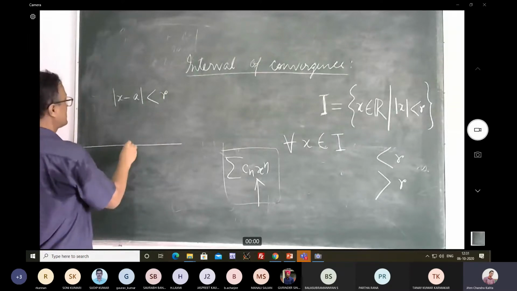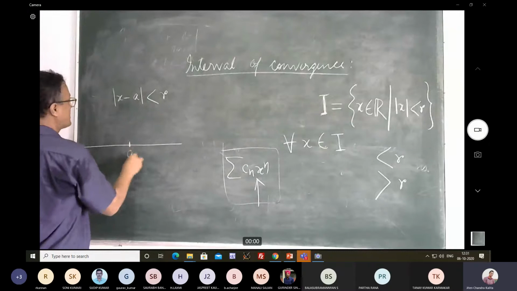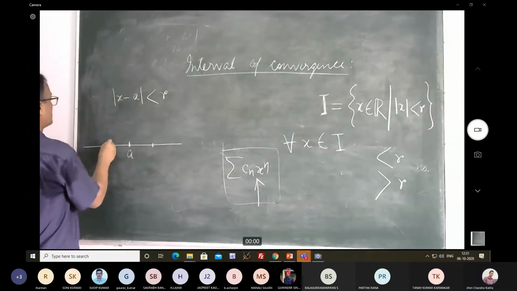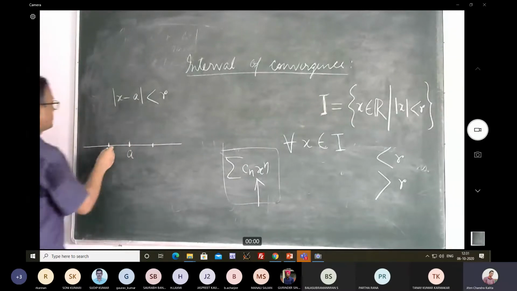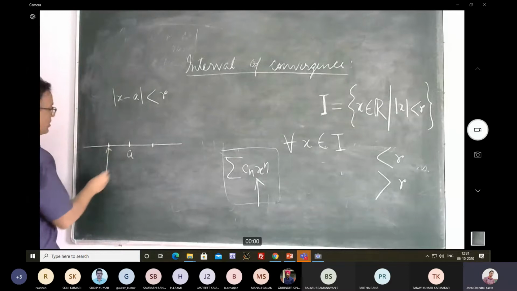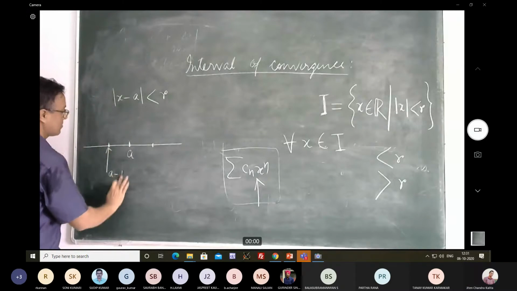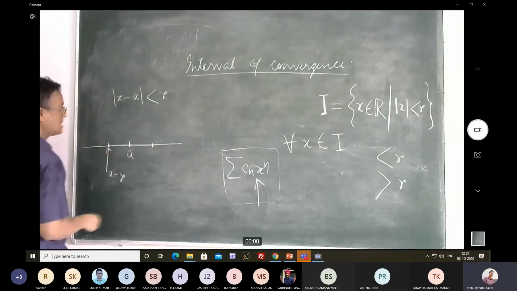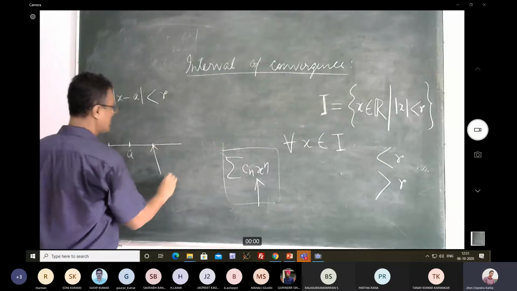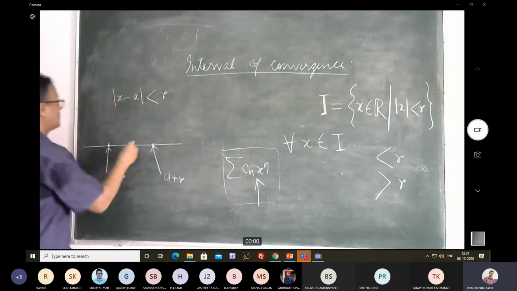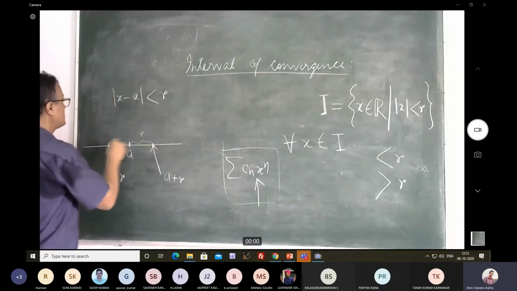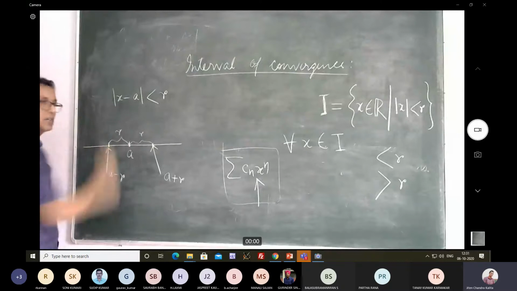Suppose this is A. Then this point is A minus R, and this point is A plus R. Each of these distances is R.